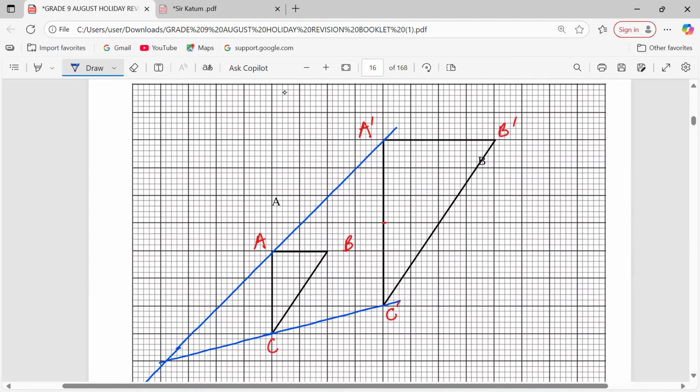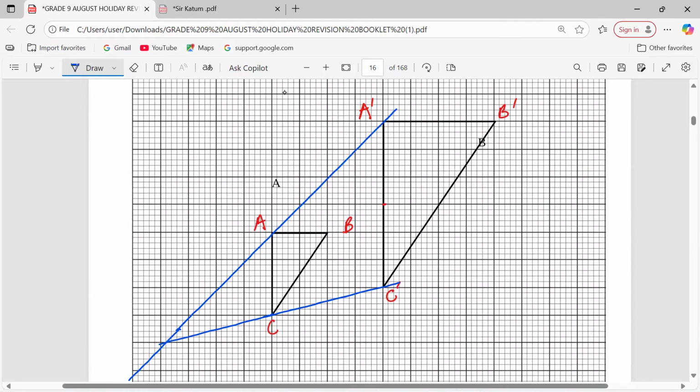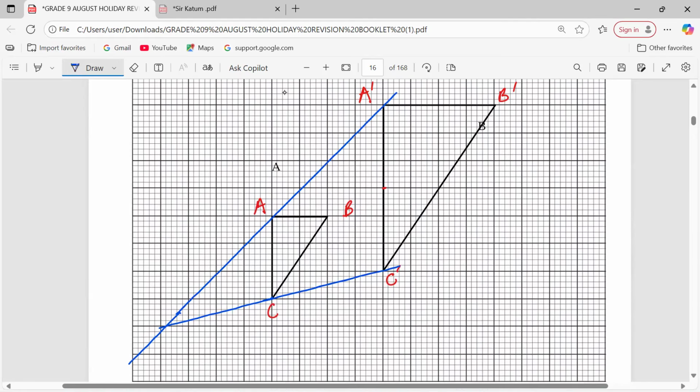Where they are meeting, you can confirm the same point of intersection by bringing B and B prime. They confirm to be meeting at the same point. So after they have met, that's our center of the enlargement.